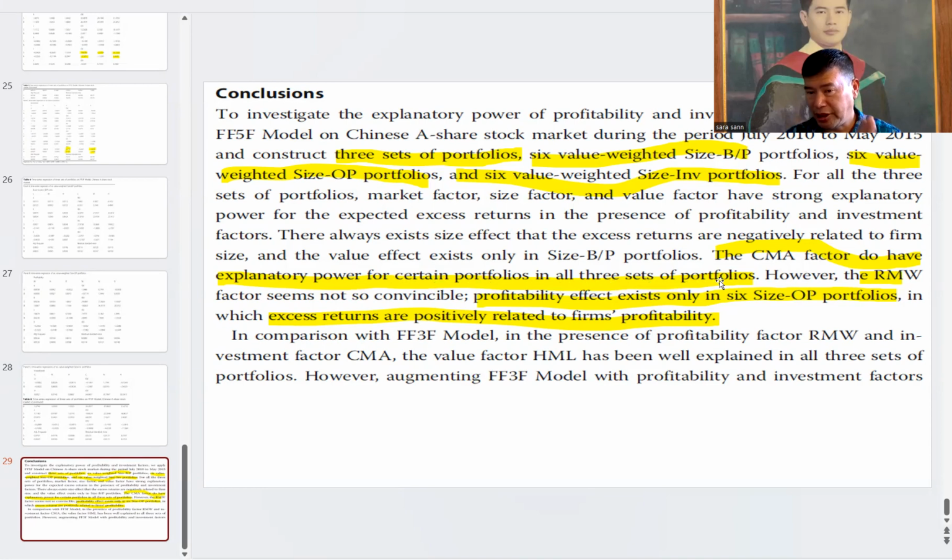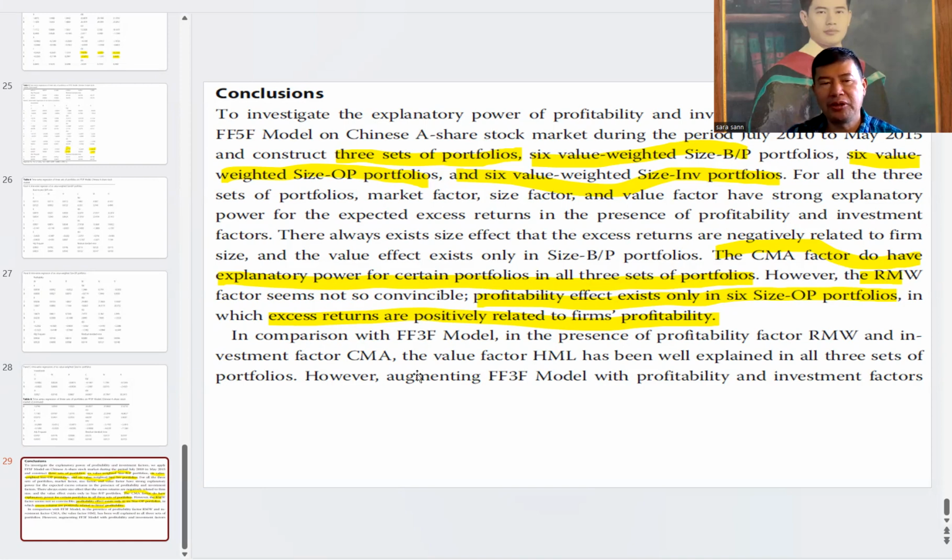From the table, you can see the relation between the CMA, or the return on investment, toward excess return is positive. That's why they said it is strongly, okay, strongly, explanatory.